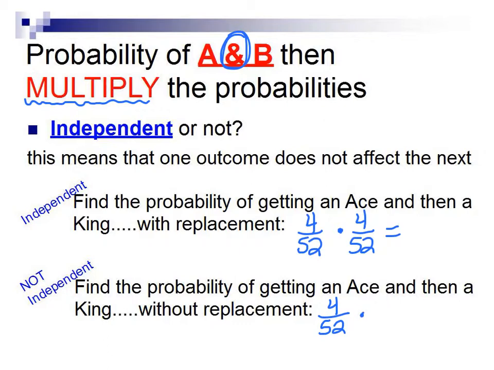But since it's without replacement, I'm keeping the card that I pulled. Well, there's still 4 kings in that deck, but there aren't 52 cards. There's only 51 cards. And so sometimes you'll have to start reducing that total. Sometimes you'll leave it the same if they happen to be independent. So look for that to happen also. Again, remember, and means multiply.